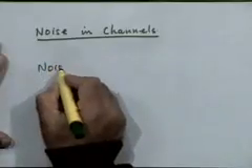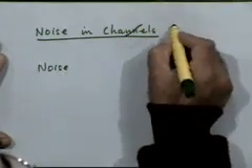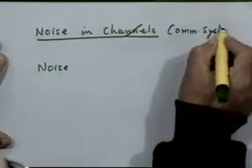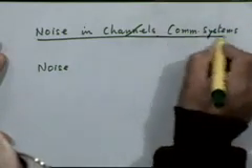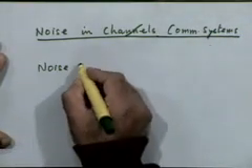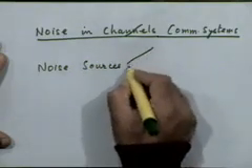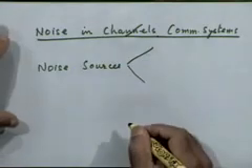Channel is just a way of representing those effects. So there are two kinds of noise sources that we have in communication systems. I should really say noise in communication systems more precisely, and there are two kinds of noise sources that we can have.